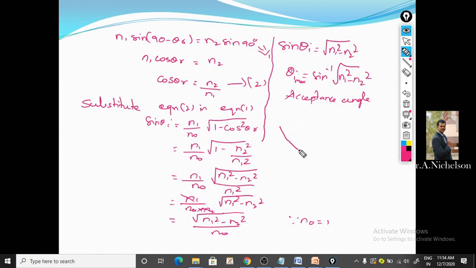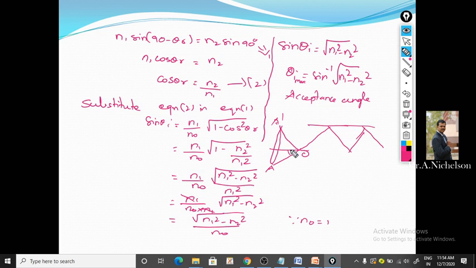We have seen this A prime O, so it forms an angle. So the maximum angle below which the ray enters into the optical fiber, it undergoes total internal reflection.